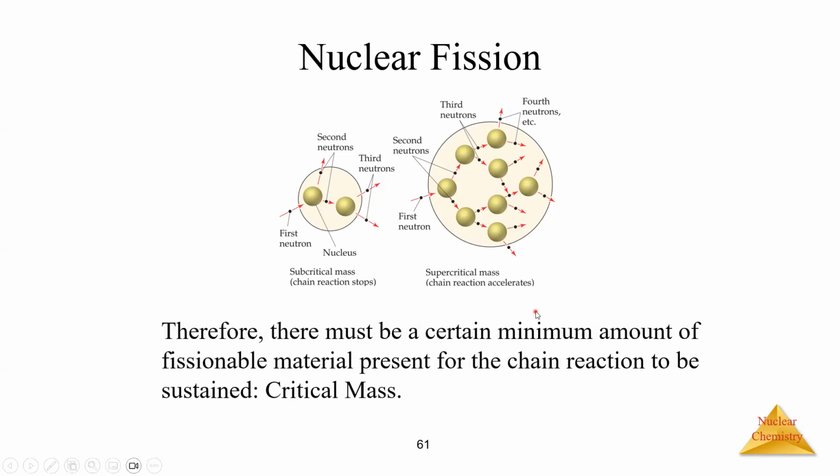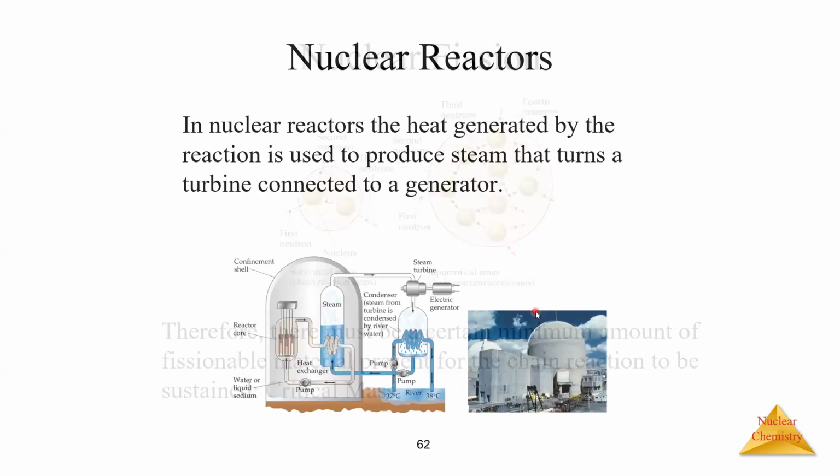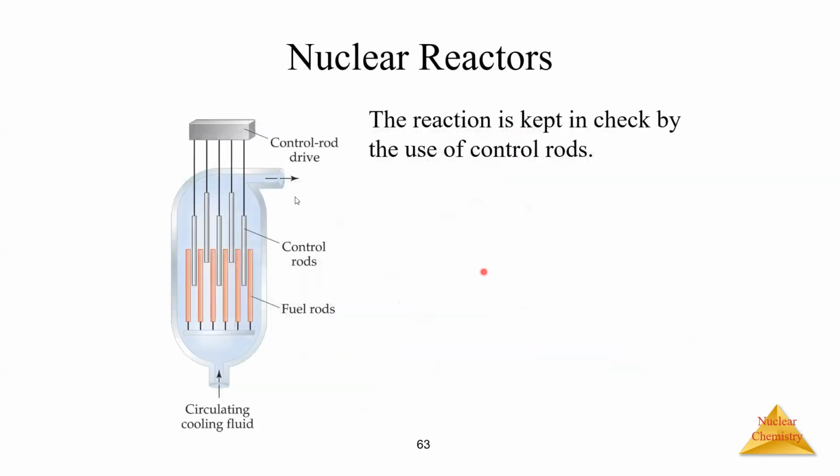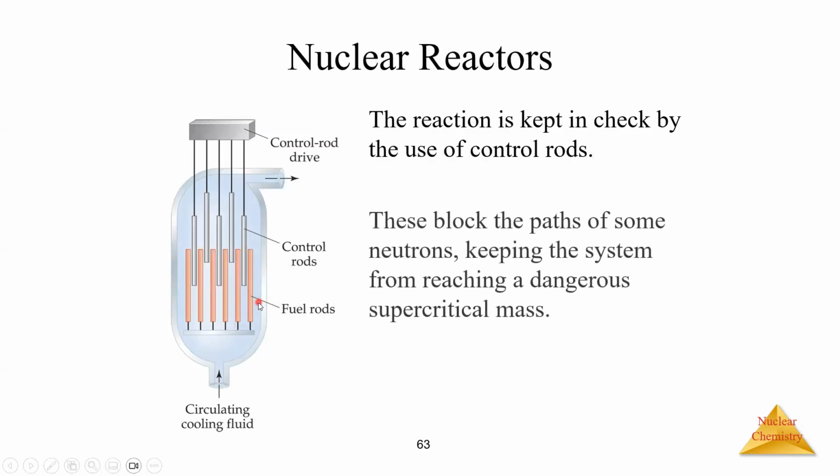But with it, to prevent it from getting too out of hand, we've got what are known as control rods. So if you think about this picture here, you can see the whatever color that is on the bottom. These are going to be the fuel rods that actually contain that uranium.